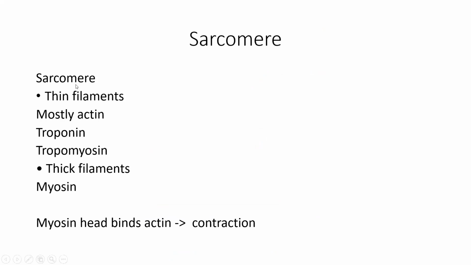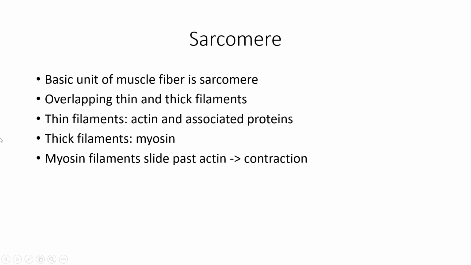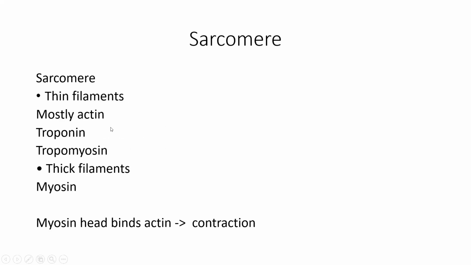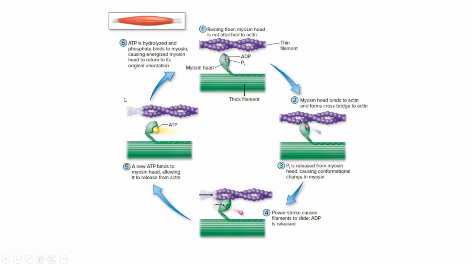Here I have to mention some examples of thin and thick filament. I mentioned that myosin is an example of thick filament, but besides actin, some additional proteins are troponin and tropomyosin, which are also part and representatives of thin filaments.